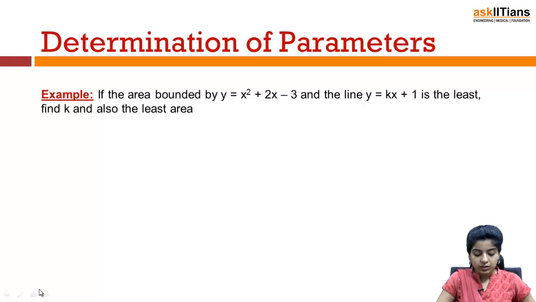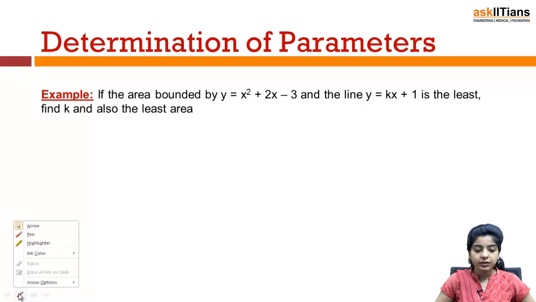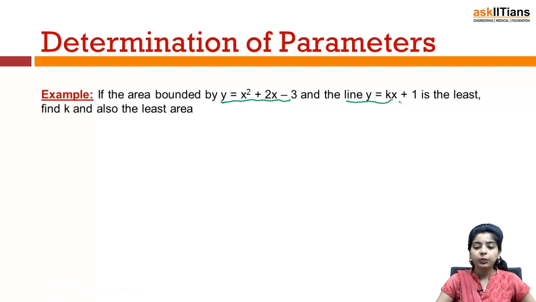So the first one is, if the area bounded by y equal to x square plus 2x minus 3 and the line y equal to kx plus 1 is least, find k and also the least area.